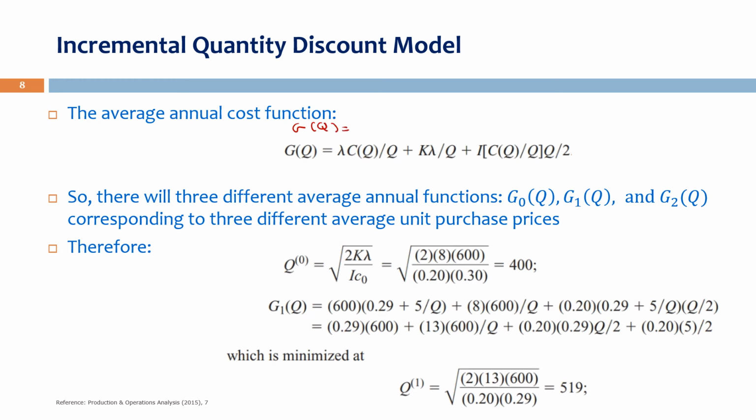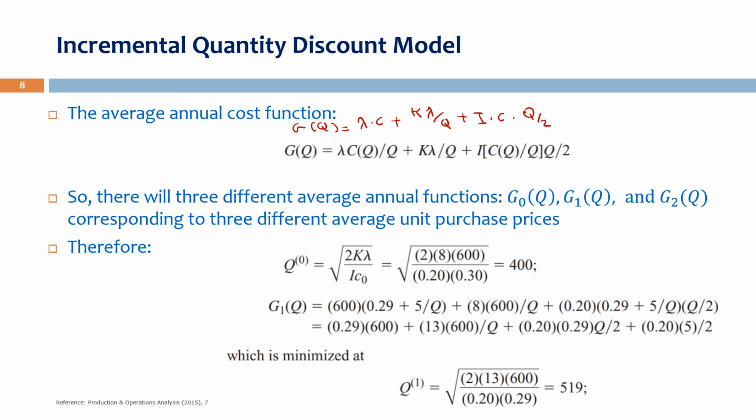Here G(Q), the average annual cost, if you remember, in general was lambda times C plus K lambda over Q, plus I times C, which will be H, times Q over 2 for the average holding cost, right?